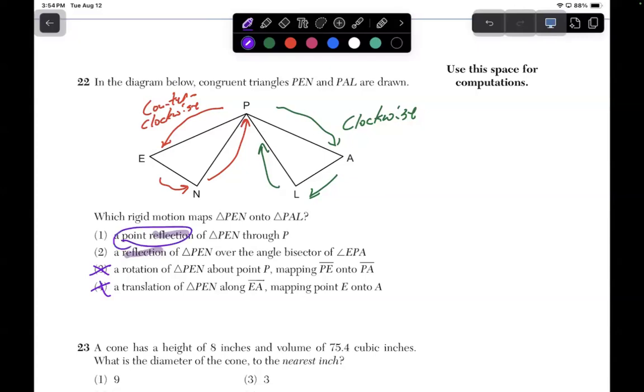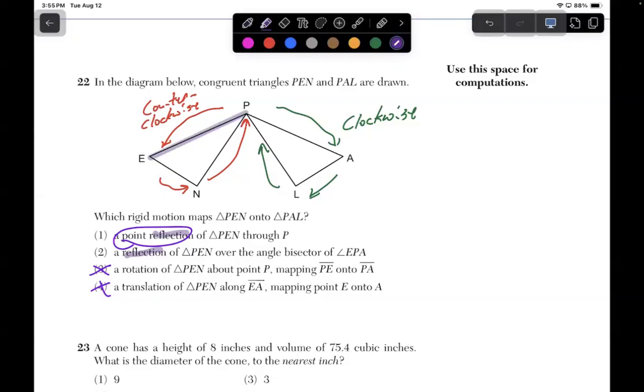A point reflection is actually the same thing as a rotation. So it's not this one, because a point reflection is a 180-degree rotation. So if you didn't know that, sorry, now you do. But the reason it's 2, if we think about this a little more, so a reflection over the angle bisector of EPA.